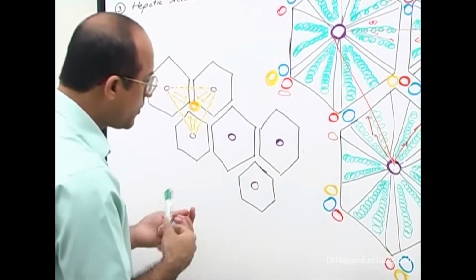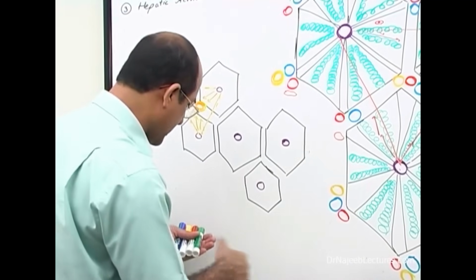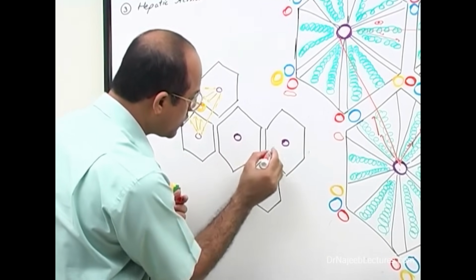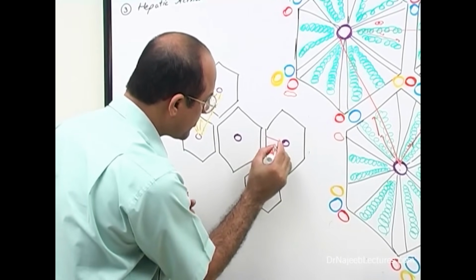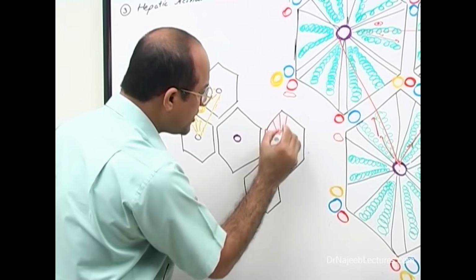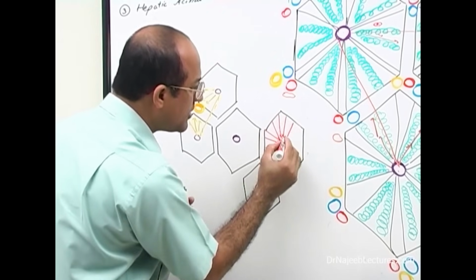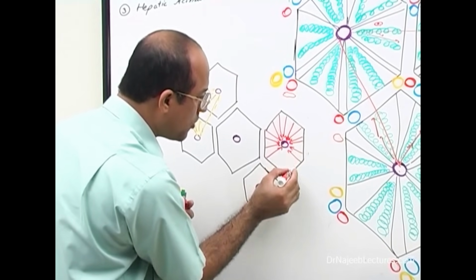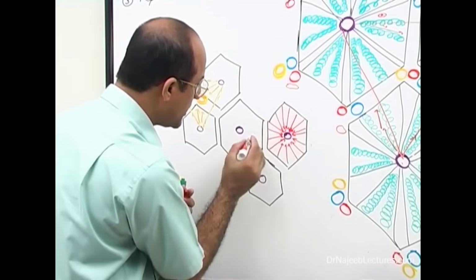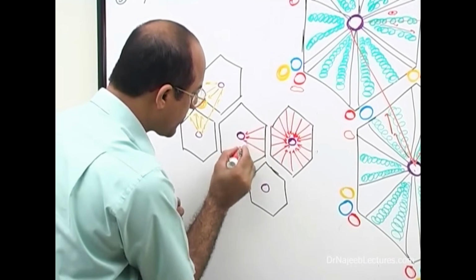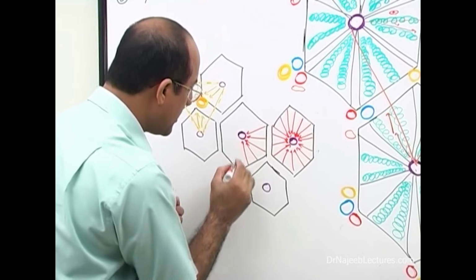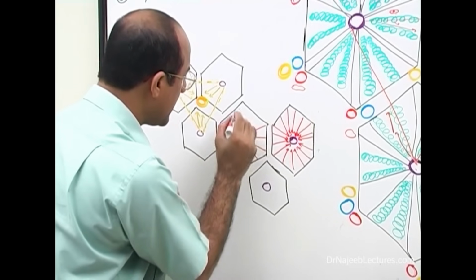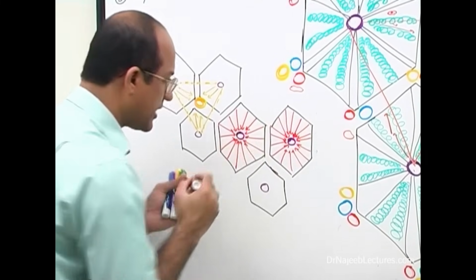Now, if you look at hepatocytes, as you know already that blood is moving from the periphery to the center, right? Throughout, it is moving like that. It means the hepatocytes which are on the outer part, they are having well oxygenated blood, and hepatocytes which are nearer to the central vein, they are having blood from which most of the oxygen has been removed, so they are having less oxygen content, right?